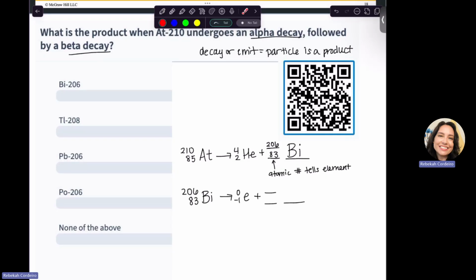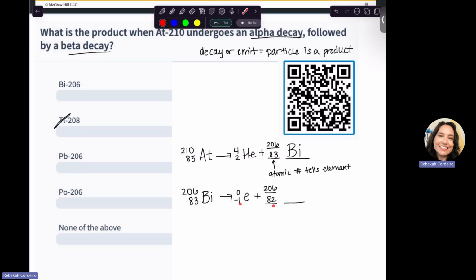So top number is pretty easy with this one. 206 equals 0 plus what? So the answer is going to be 206. And now that I know that, I could come over here and say, well, I know it's not going to be this one because it's not going to be 208 as my mass number. For bottom, be careful here. 83 equals -1 plus what? If you're thinking 82, go ahead and put 82 in here and then check it for yourself.